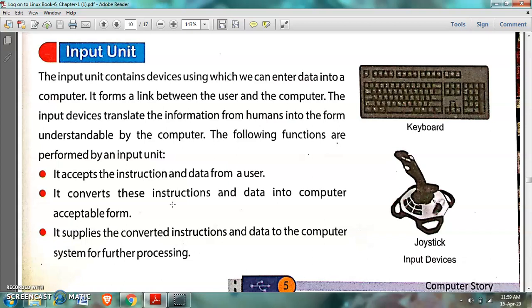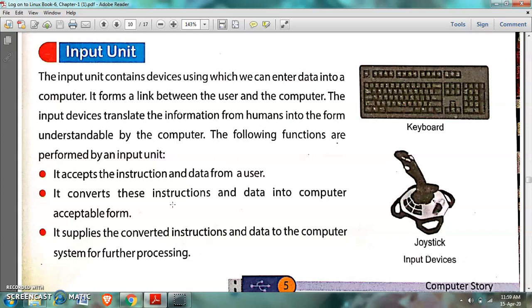That is the input unit. Input unit converts the user's language into the computer acceptable form. If the computer understands, then only the processing will be done, then only we will get the output.